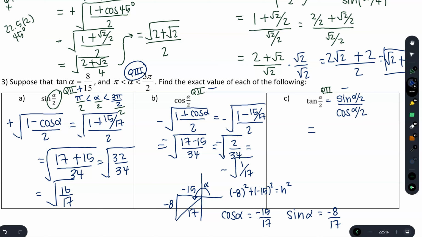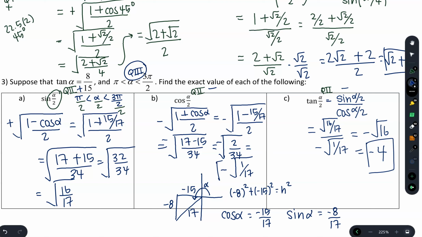So why don't we just use those ratios that we already found? That's square root of 16 over 17 divided by the negative square root of 1 over 17. If I multiply, the 17s are going to go away. So it's going to be a negative square root of 16, and negative square root of 16 is negative 4.